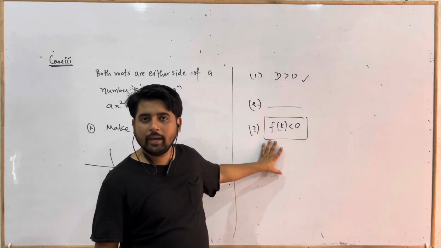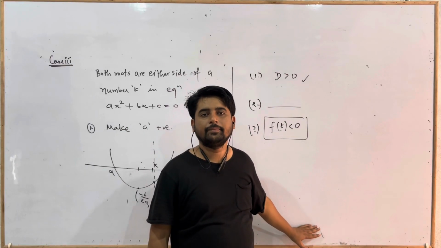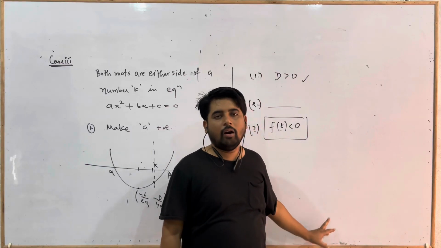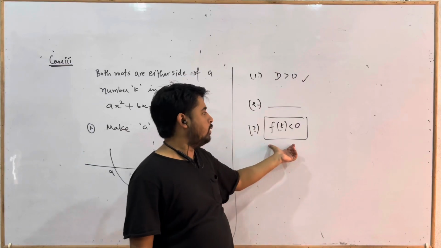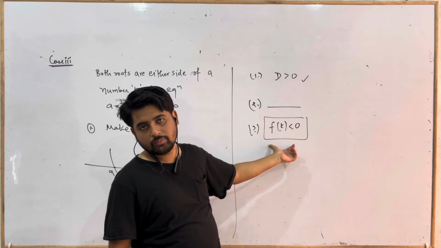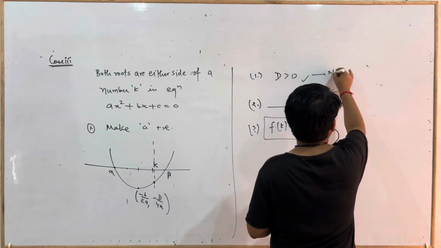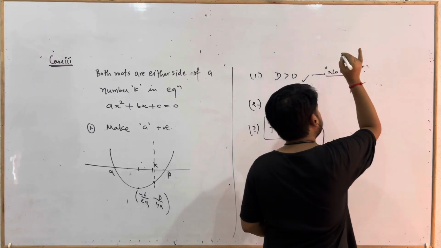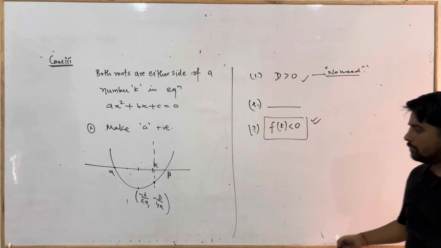Then you write f(k) less than 0, and after solving you get a result. When you take the intersection of these two cases, you get the same result as when you solve f(k) less than 0. So there is no need of this. This is the only sufficient condition to describe this graph completely.